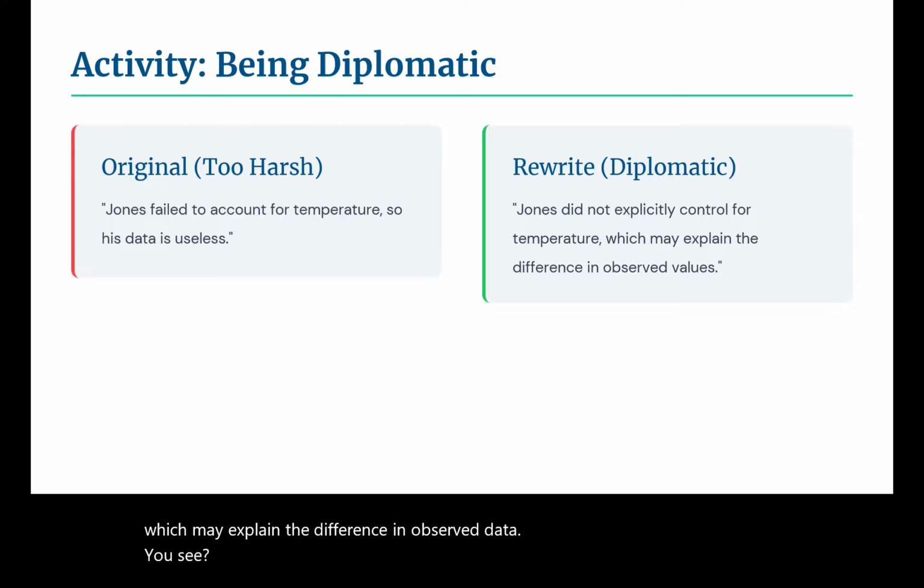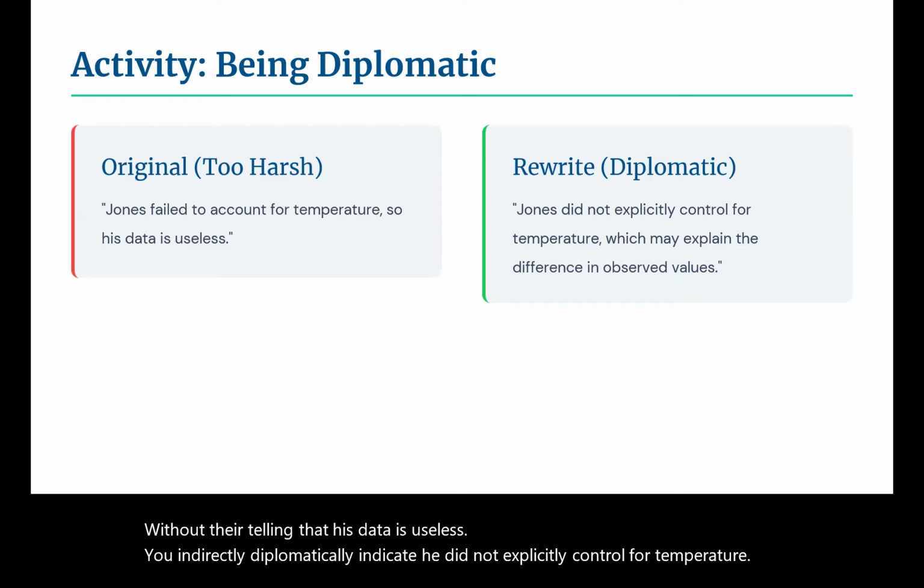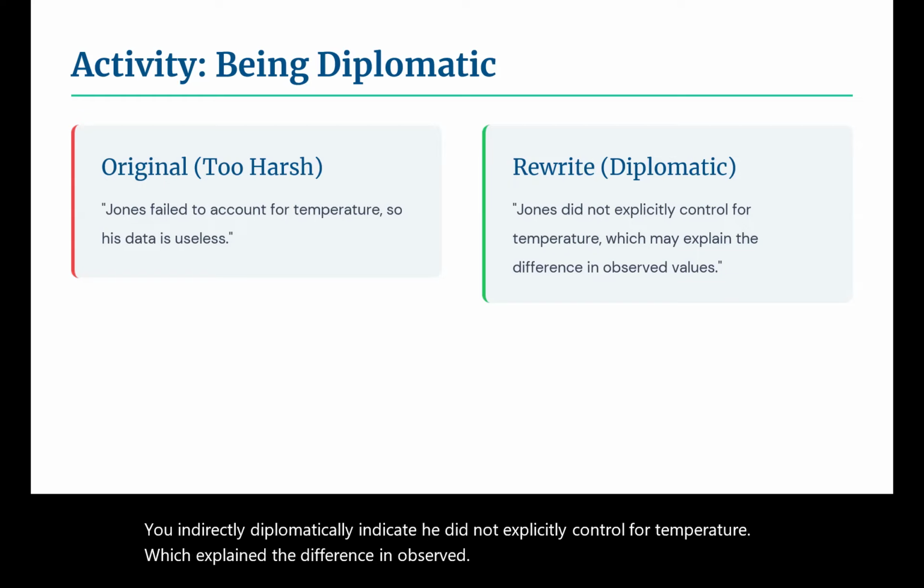Without telling that his data is useless, you indirectly, diplomatically indicate he did not explicitly control for temperature, which may explain the difference in observed values. You see?